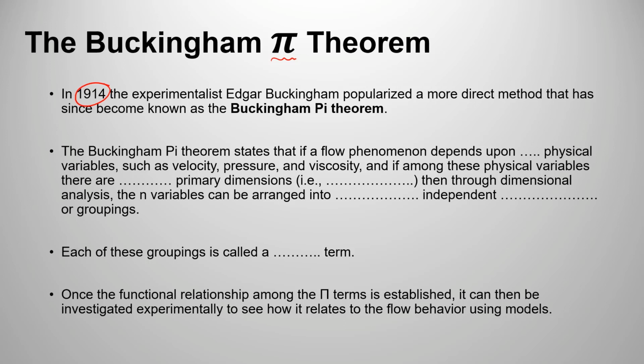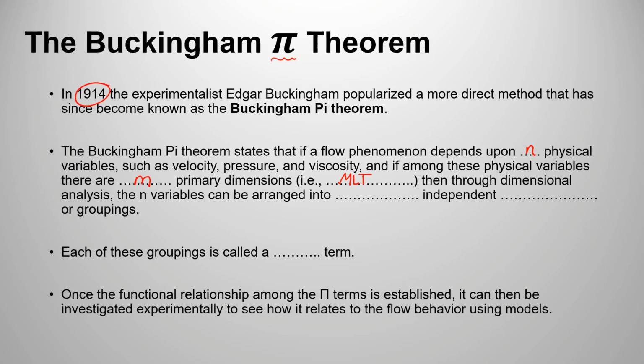The Buckingham Pi Theorem tells you that if a flow phenomenon depends on n physical variables, for example, velocity, pressure, viscosity, and so on and so forth, and if among these variables there are m primary dimensions. What are primary dimensions? Mass, length, and time, right?